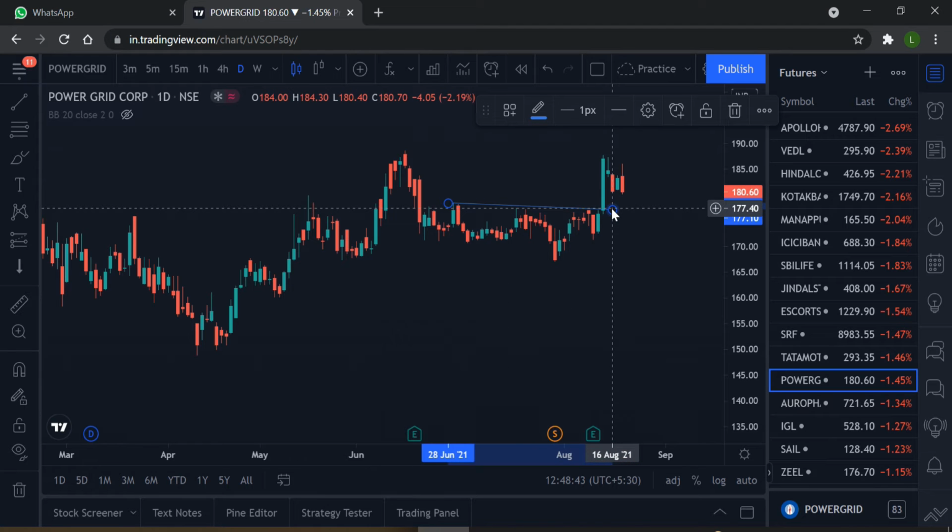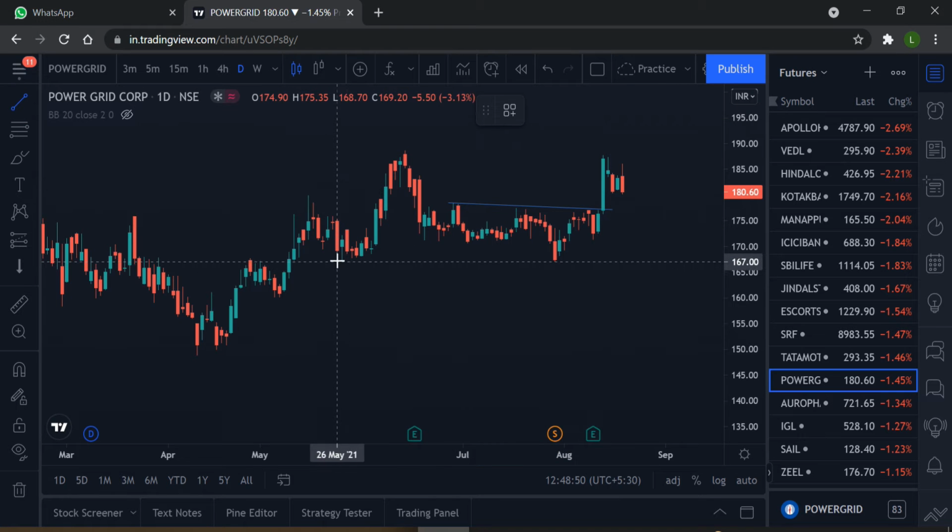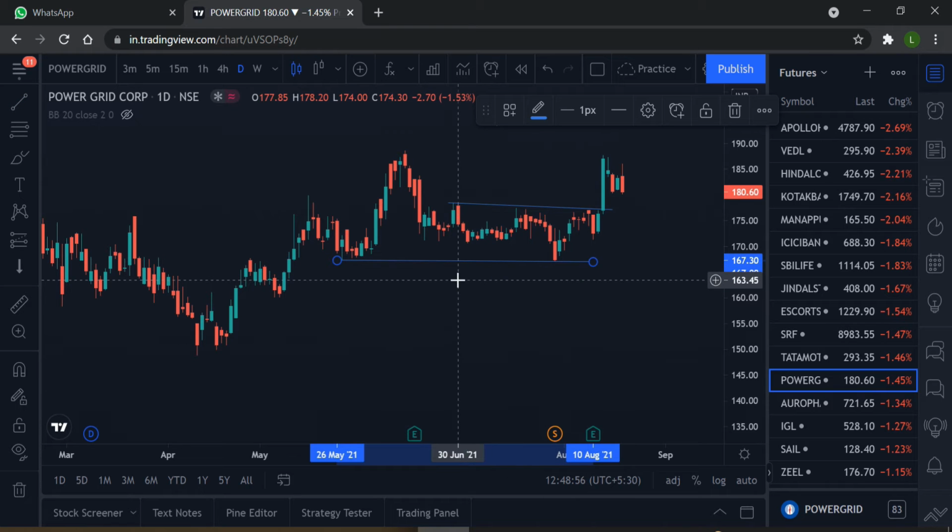This is a nice resistance and this is a nice support, and you can easily identify that this is a channel pattern.